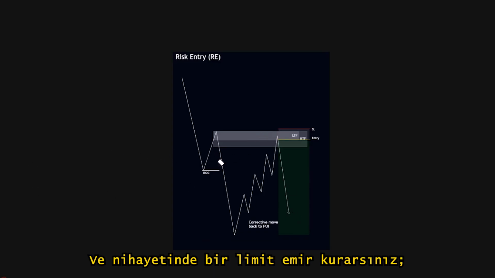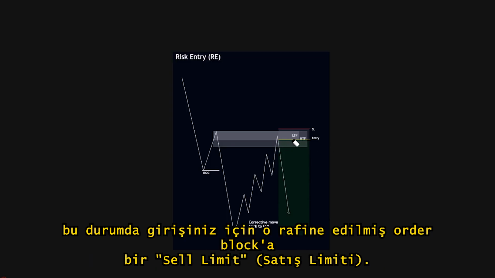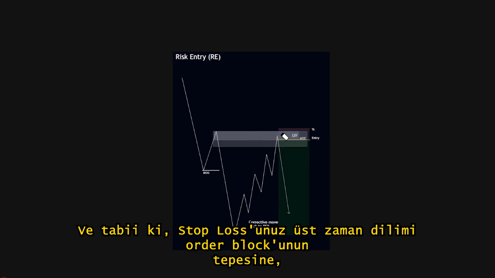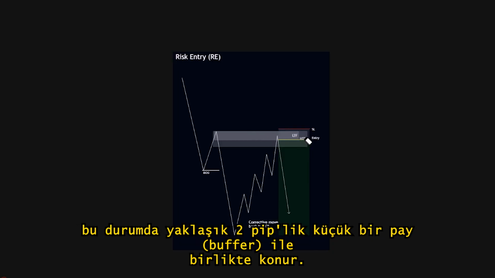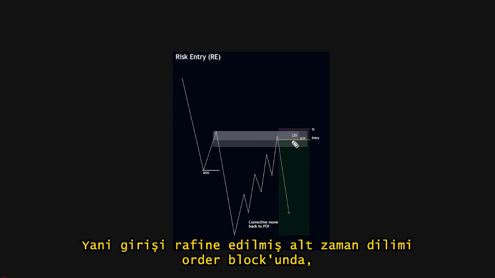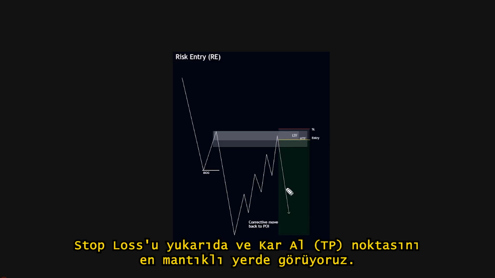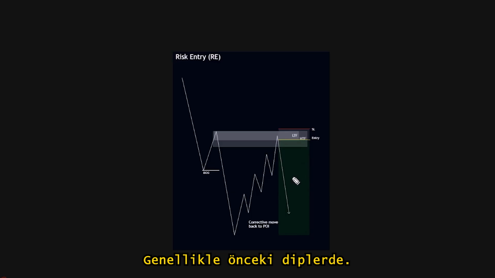Ultimately you would be setting a limit order, in this case a sell limit, on the refined order block for your entry, and your stop loss at the top of the higher time frame order block, with a little buffer of about 2 pips. So we see the entry at the refined lower time frame order block, stop loss above, and take profit wherever makes most sense, usually at the previous lows.